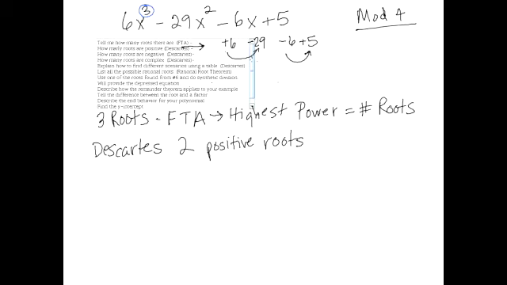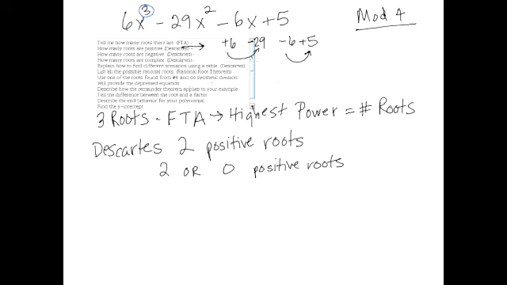So as far as the positive roots are concerned, that fine print would tell us that there could be 2 or there could be 0 positive roots. Okay? 2 or 0 positive roots. And the reason is because 2 minus 2 is equal to 0. That is the fine print that Descartes' rule of signs says.